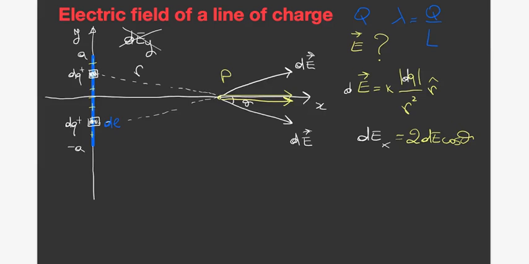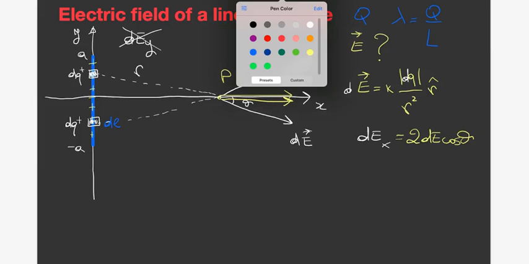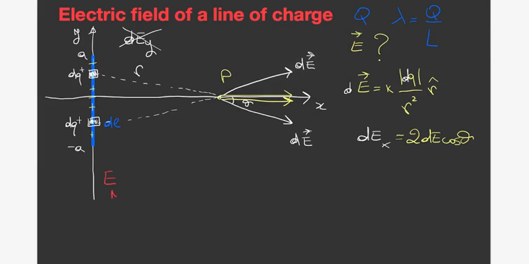If I want to find the E net, therefore, I will have to start from this 2 times dE cosine theta and integrate it over the entire length of the wire, essentially, with the infinitesimal dq that is moving between the origin and the point A and between the origin and the point negative A. And overall, this will be a vector pointing along the i direction.